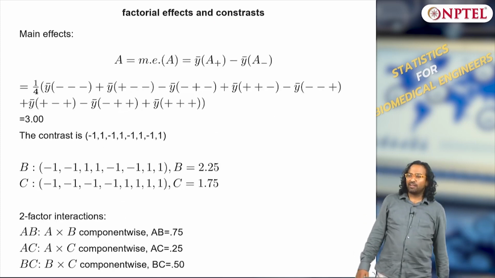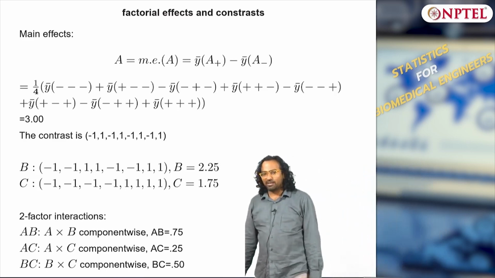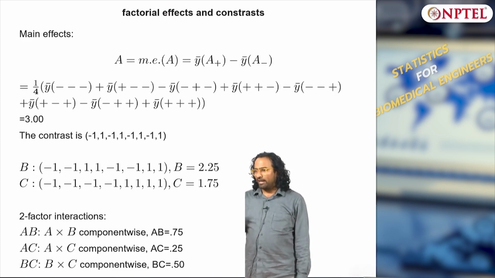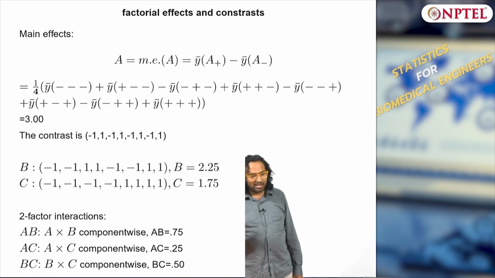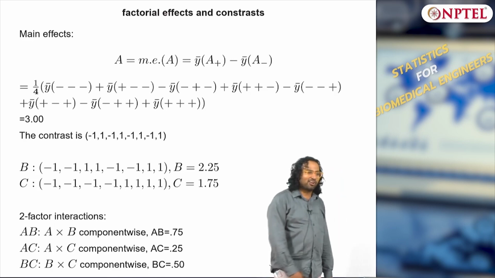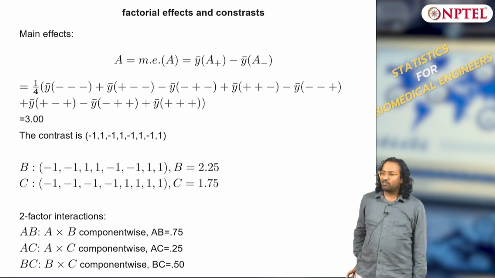See, some books will take you for a ride by constructing a cube. If you look at it geometrically, it will become a cube, and your 2 power 2 experiment is a square. Square is easy, cube becomes slightly complicated, and the diagonals and off diagonals will play something important.